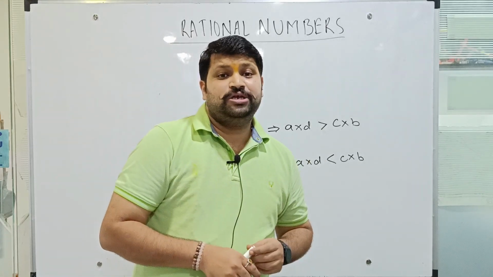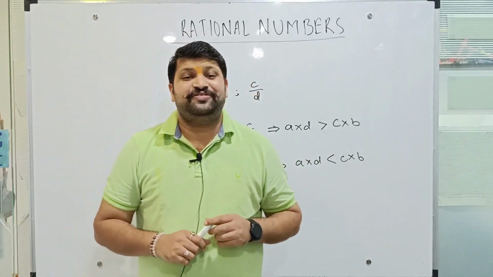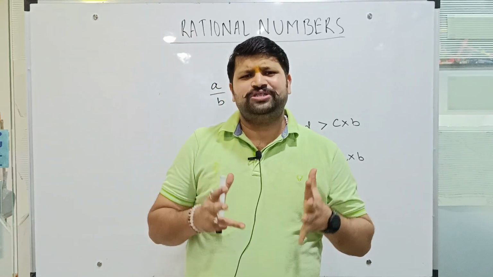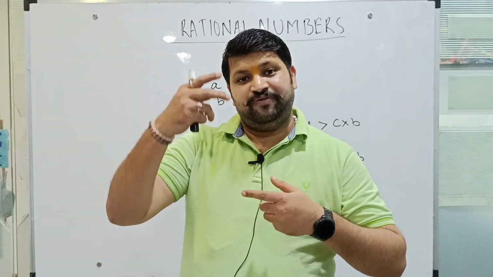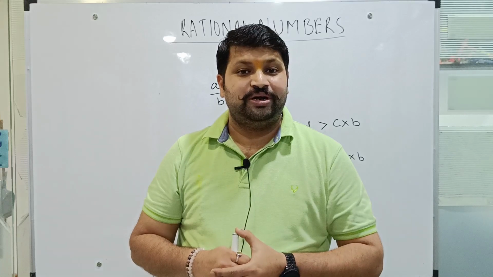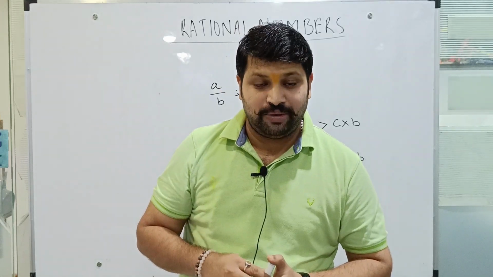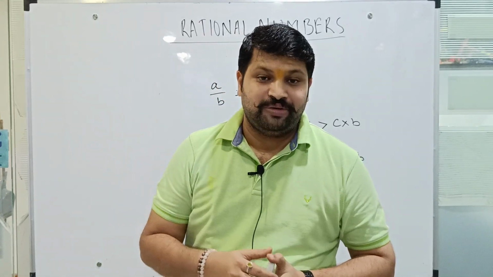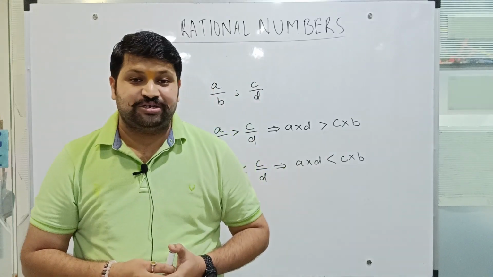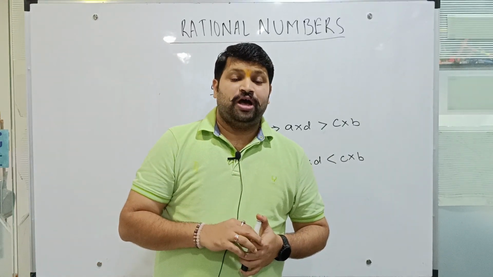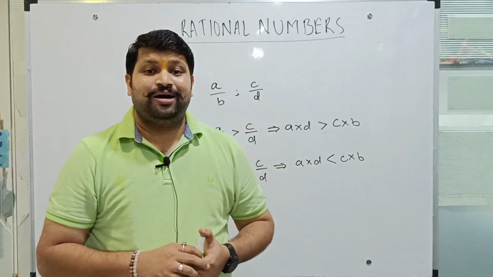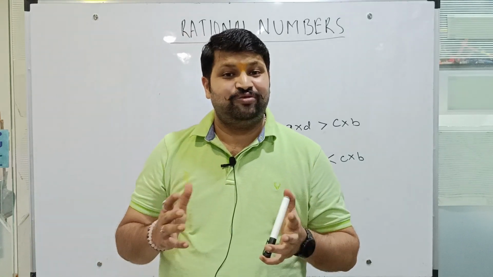Now let us quickly jump to the standard forms of rational numbers. So what are these standard forms? A standard form of a rational number is, we take the numerator and the denominator and we check if they have any common factors. In case they have any common factors, we would cancel those common factors out, and we would have two numbers which have only one common divisor, and that would be 1.